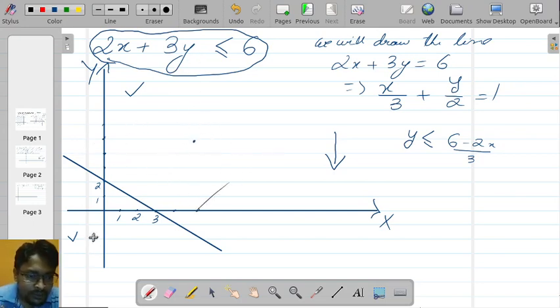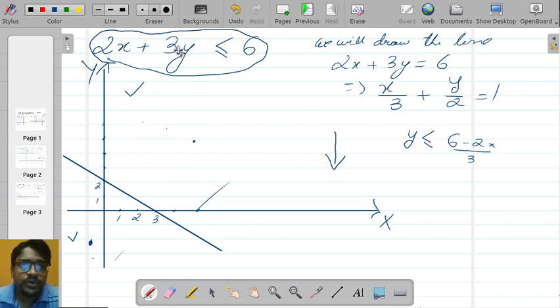Similarly, if you find a point here which satisfies this inequation, then the whole region will be that region, because there are only two possibilities. The straight line divides the plane into two parts: in one part y will be greater than whatever it is, in the other part y will be less than it. So there are only two possibilities.